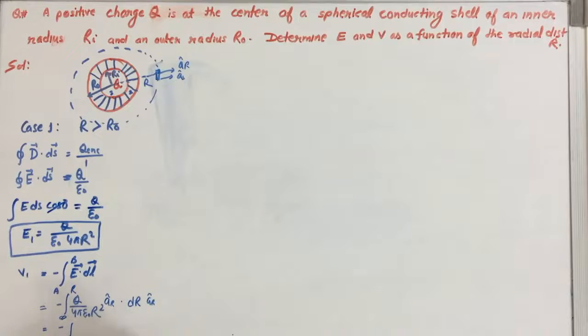So this will be the final value. According to that we can write, minus the integral from infinity to r of Q by 4 pi epsilon naught r square dr. Okay, if you integrate this, then you will find minus Q by 4 pi epsilon naught, and this will be minus 1 by r, the minus will be outside, plus 1 by r, which varies from infinity to r.